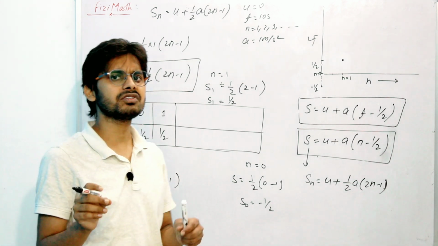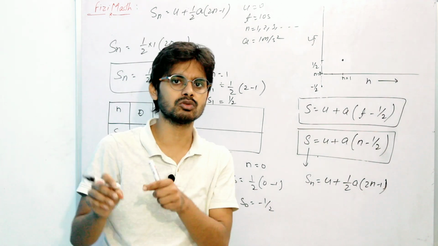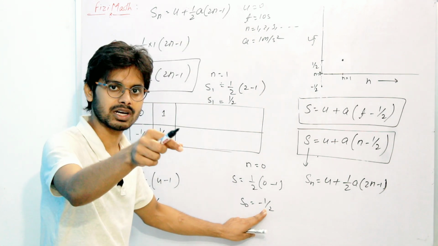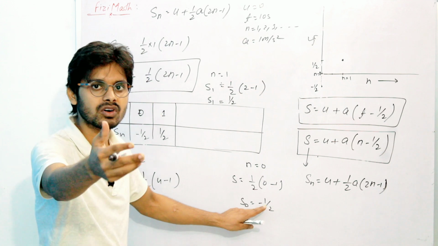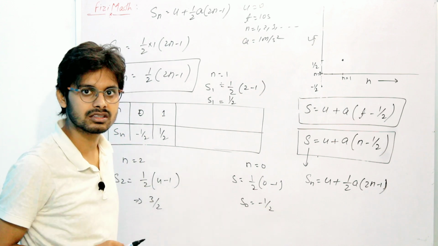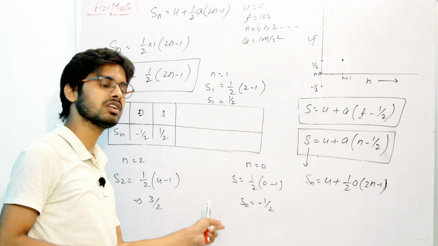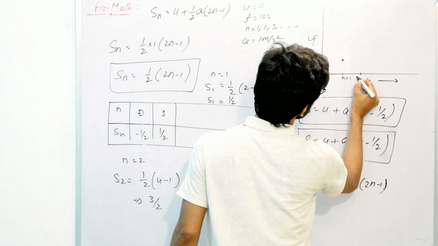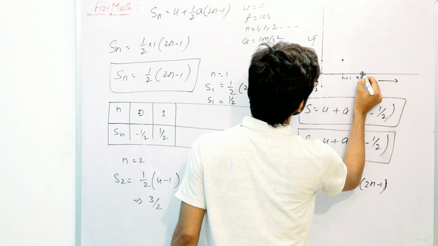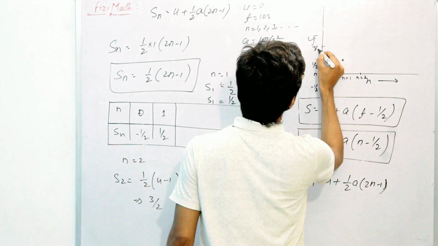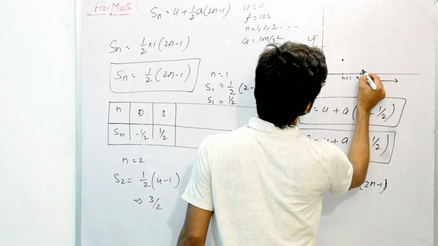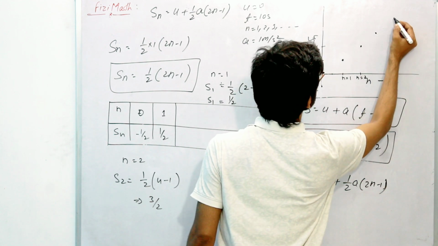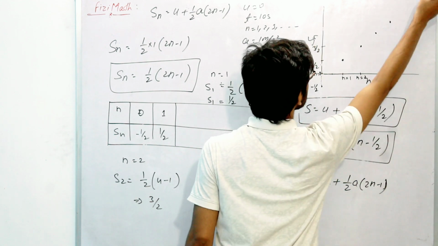So here we can say we are getting a difference: minus 1/2 plus 1 means 1/2, then again 1, so 1/2 plus 1 is 3/2. The next value will be 5/2, then 7/2 and so on.